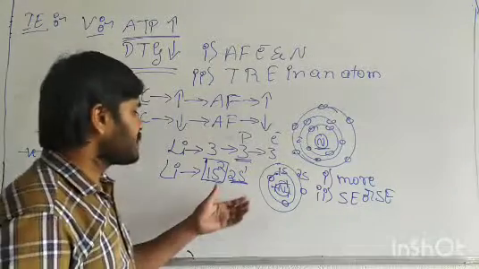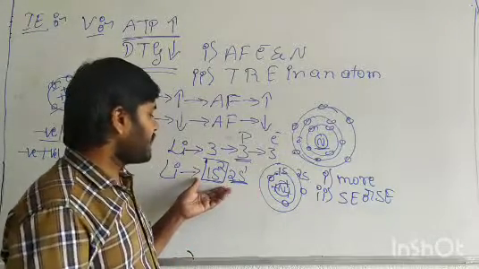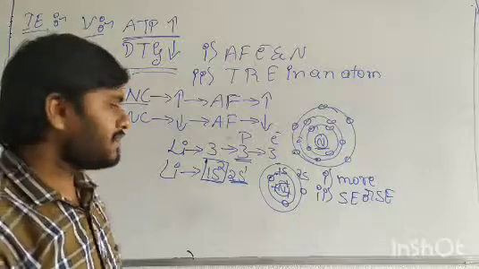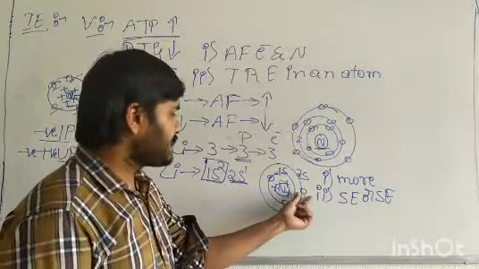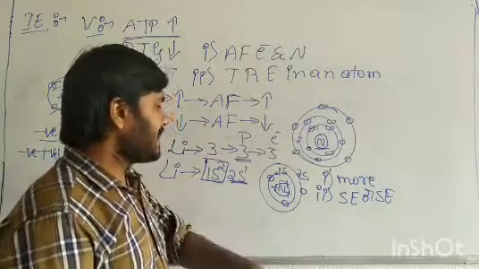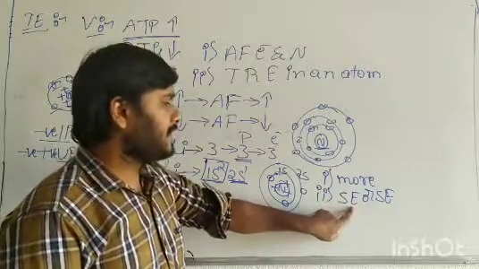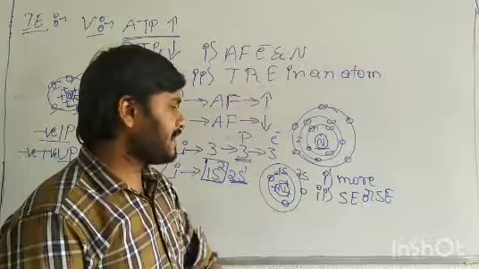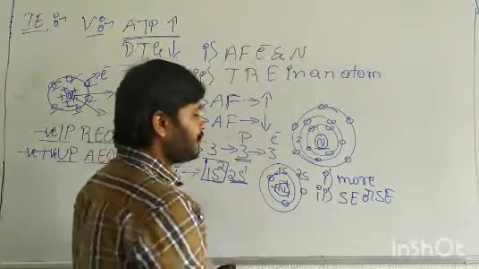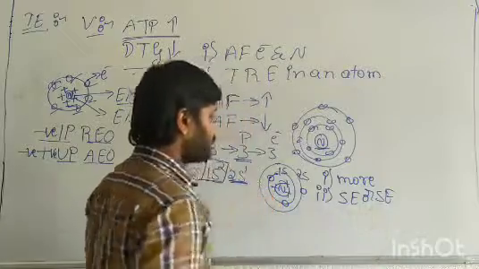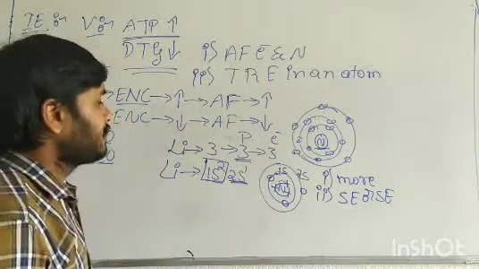The effective nuclear charge experienced by the 2s electron is less because of the shielding effect or screening effect. Sir, then what do you mean by this shielding effect or screening effect? That is the next question running in your mind.